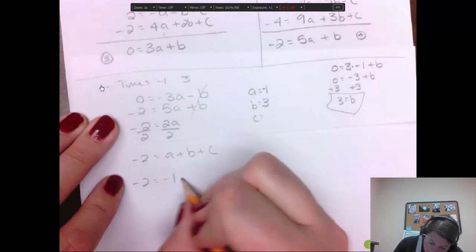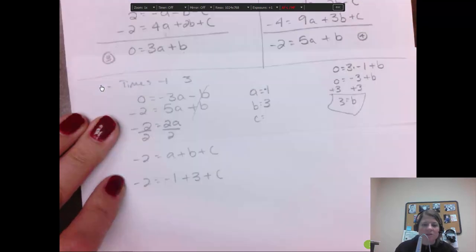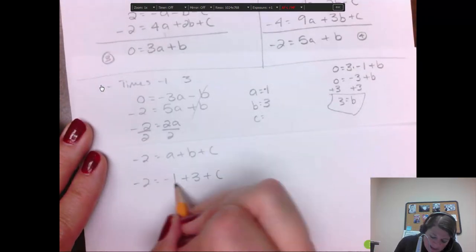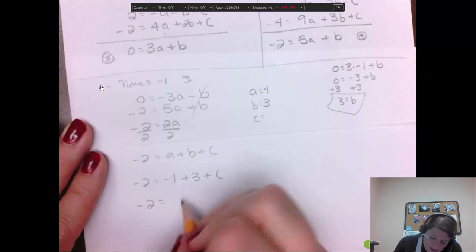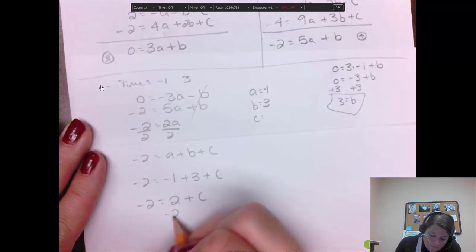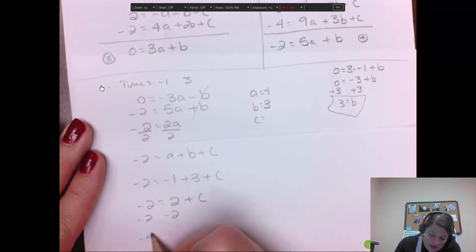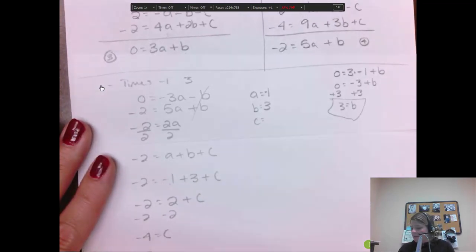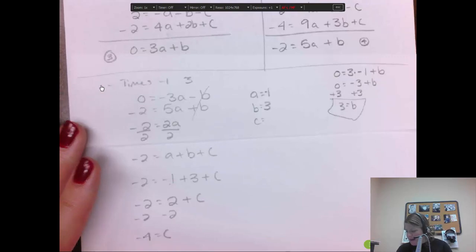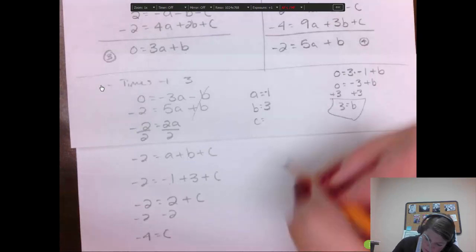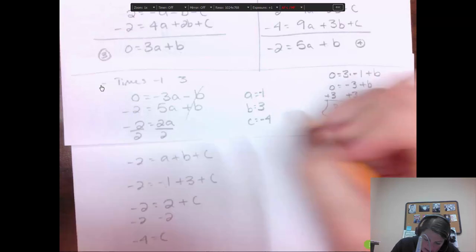I know B is 3, but we don't know C. So we could just solve this one. So let's see, -1 and 3 make 2. So then I'm going to minus the 2 over. -2 minus 2 more is -4 equals C. So then from here, I have my A, B, and C. So C is -4.